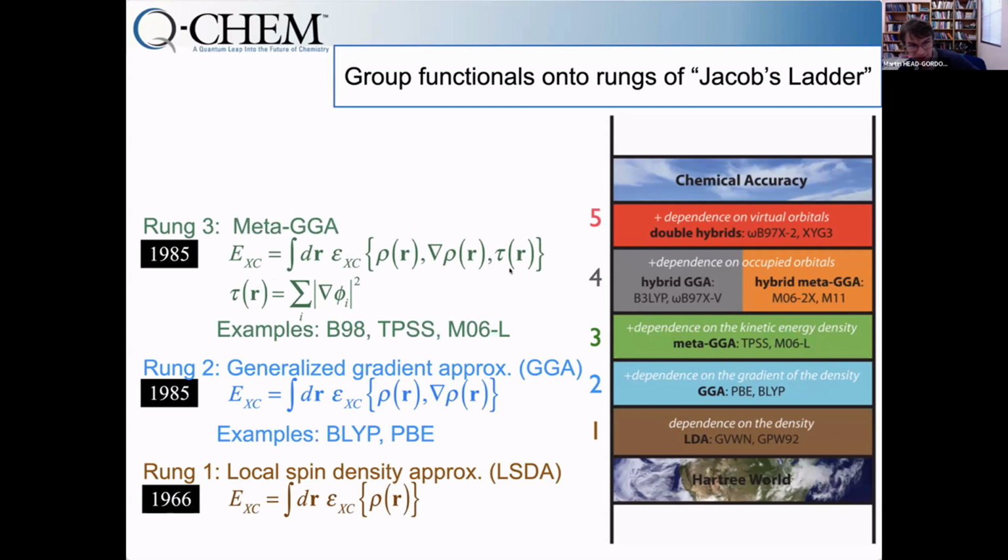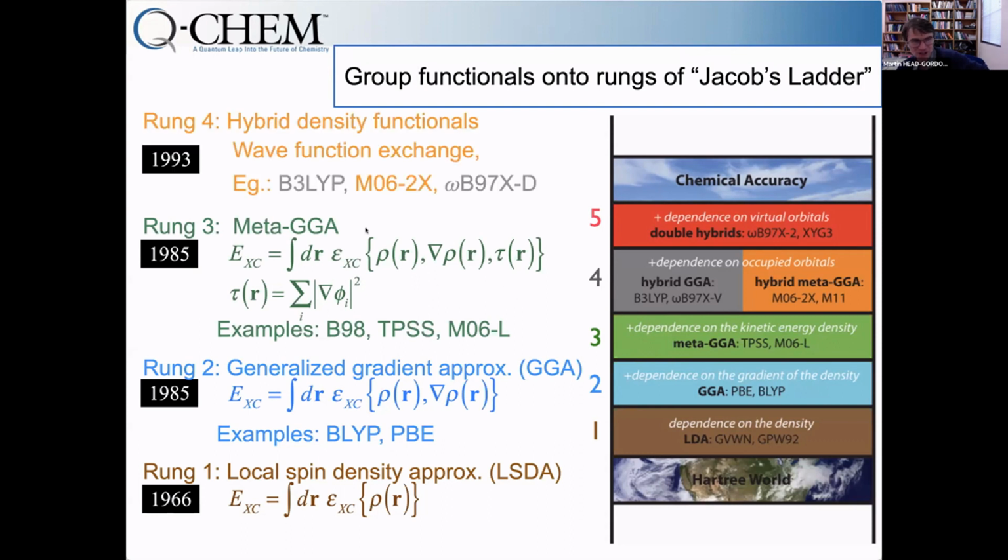So the kinetic energy density, or sometimes the Laplacian, then defines rung 3. And it still has this same 1-point character, now involving also the kinetic energy density, or tau, at a given point in space. So rungs 1 through 3 have this 1-point character, and then that is abandoned at rungs 4 and 5.